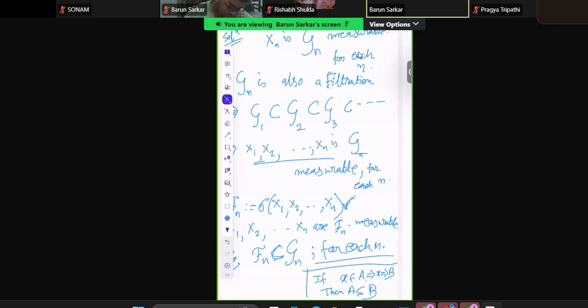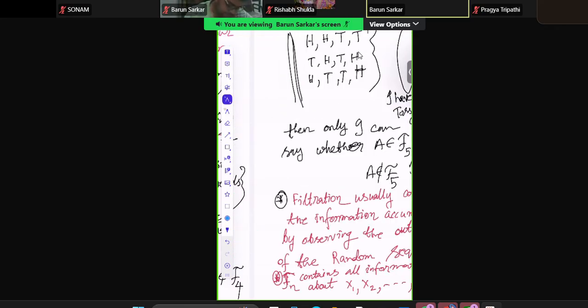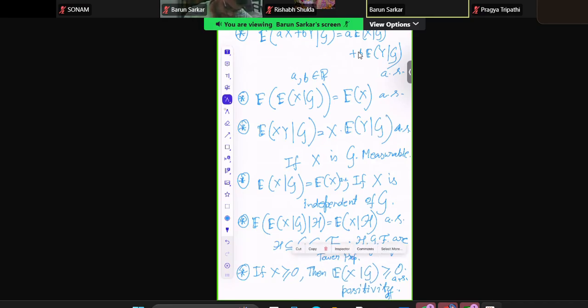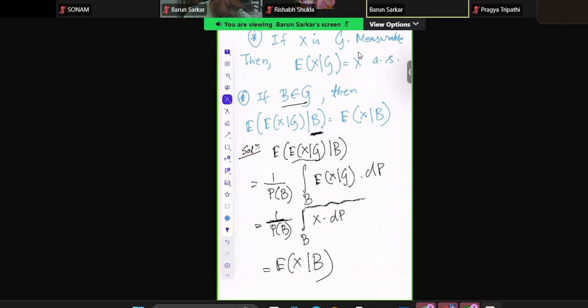And from the conditional expectation properties, you see the first one: if X is G measurable, then the conditional expectation of X given G is X. This is the first property.